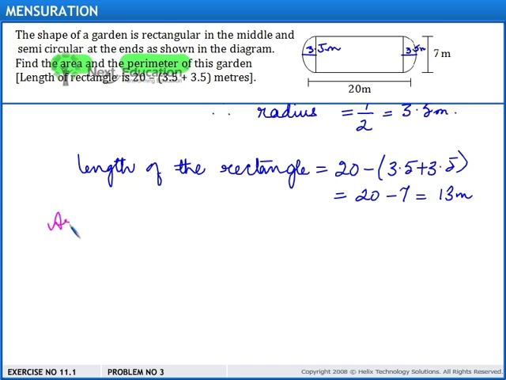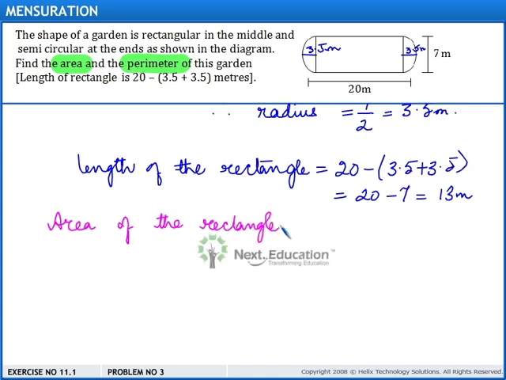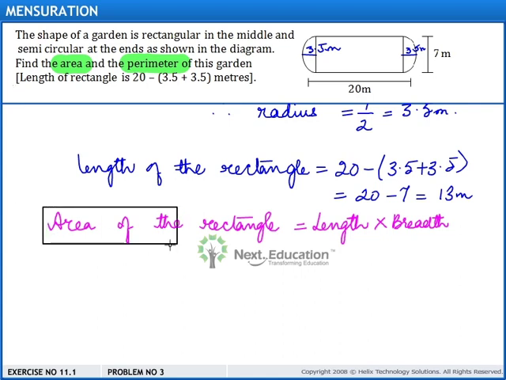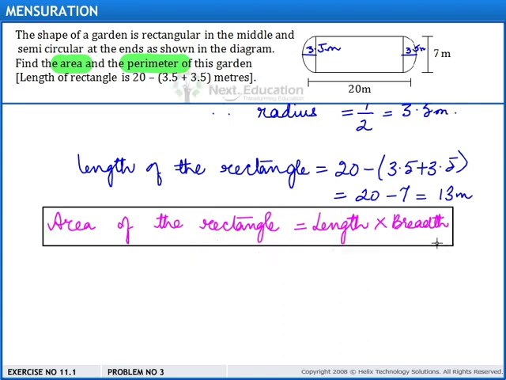We know that the area of the rectangle is equal to length into breadth. By using this formula, we find out the area of this rectangular part.